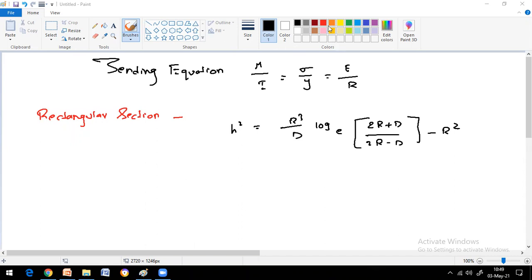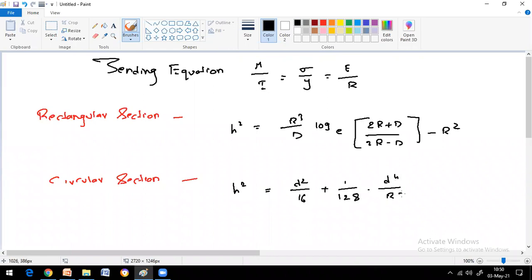And the next, for the circular cross section, your h square will be equal to d square by 16 plus 1 by 128 of d power 4 by r square.